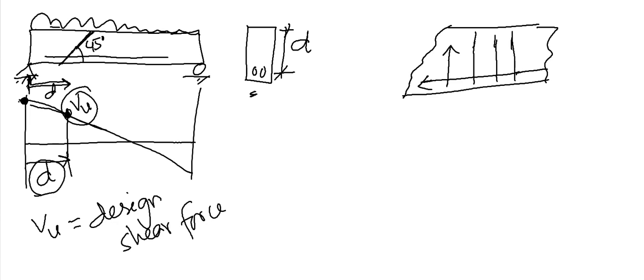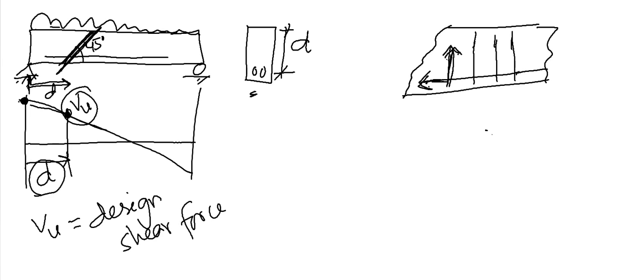Now why is the shear failure diagonal? I drew a profile here. If I take this profile, you can see I have some main reinforcement and some shear reinforcement. The shear reinforcement has some force, and the main reinforcement has some tensile force.